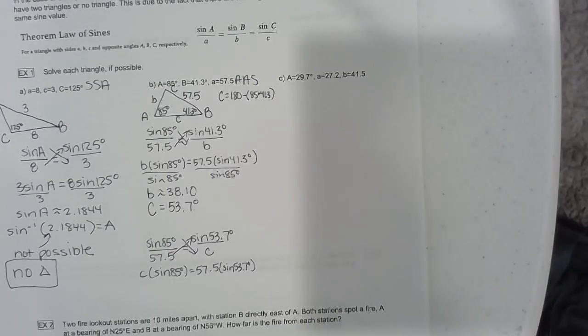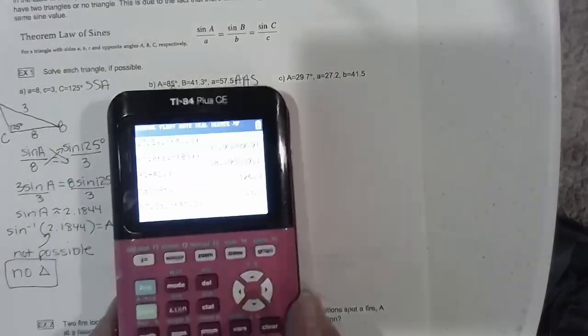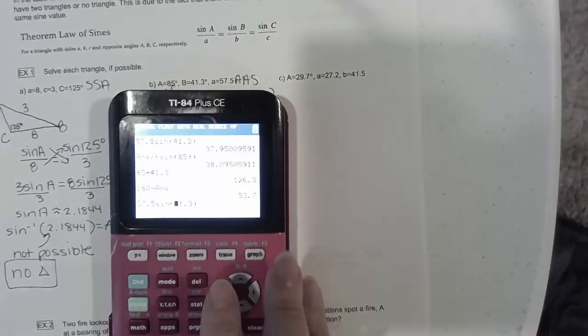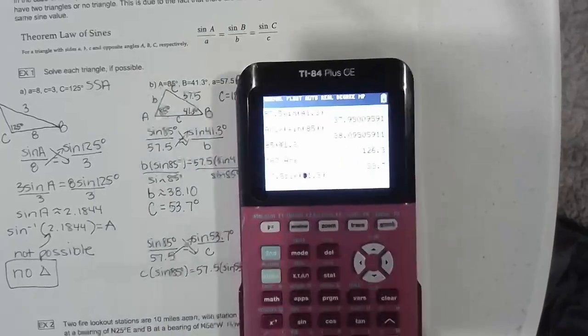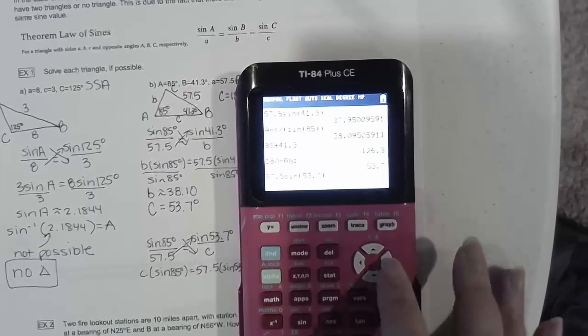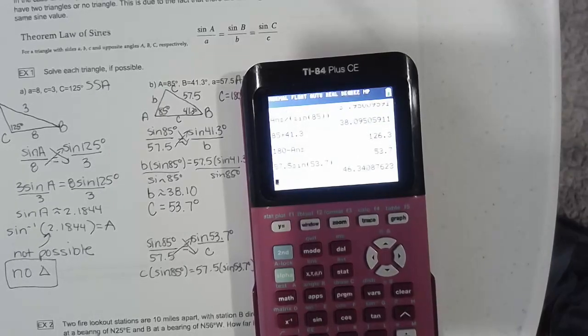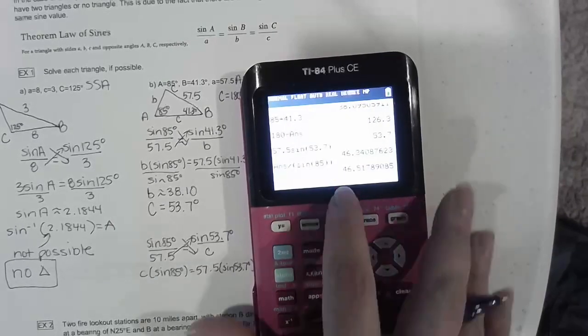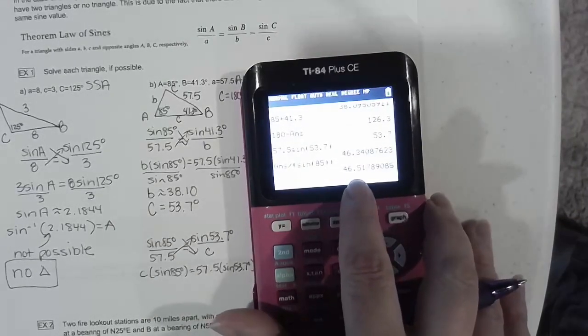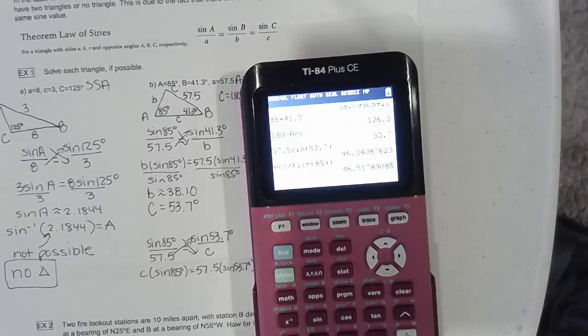So 57.5 times sine of 53.7, and then divide that result by the sine of 85 degrees, and I get 46.52 when I round it to the nearest hundredth.